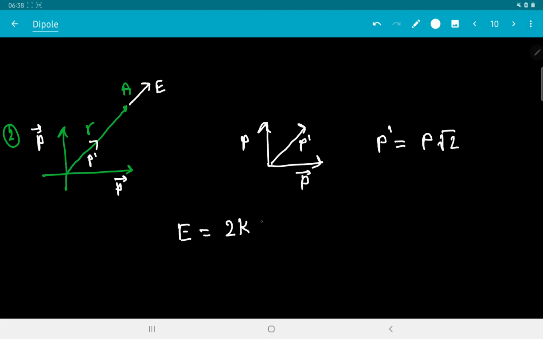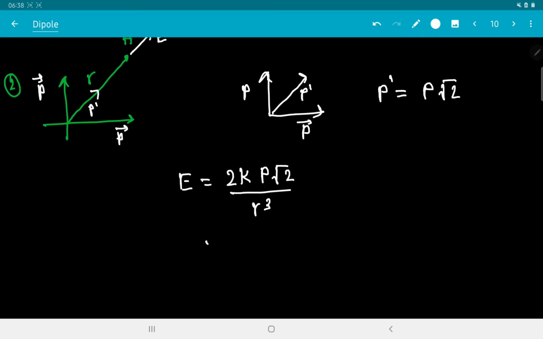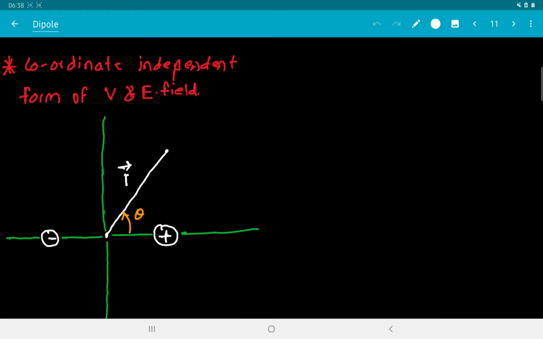In place of p we can write p root 2, divided by r cube. If required we can find the magnitude of r cube and write it in the answer. So knowing whether the point is axial or at the perpendicular bisector will help us solve a lot of problems. Now let us see the next point.